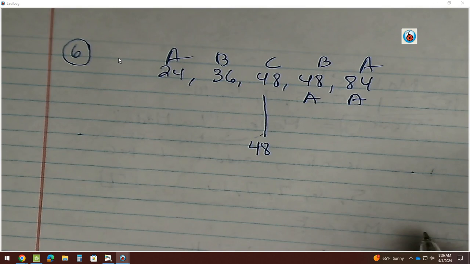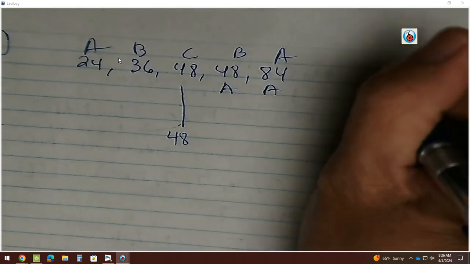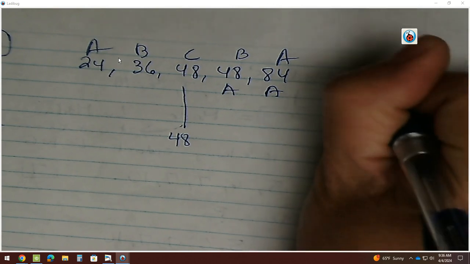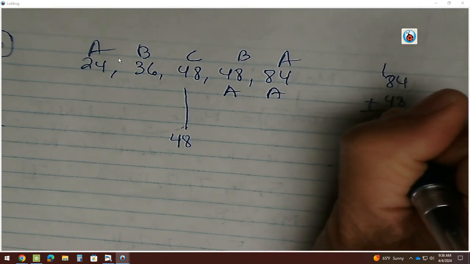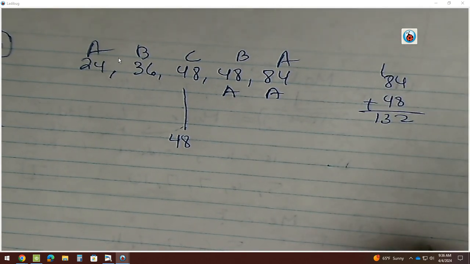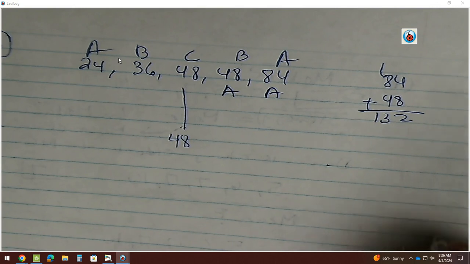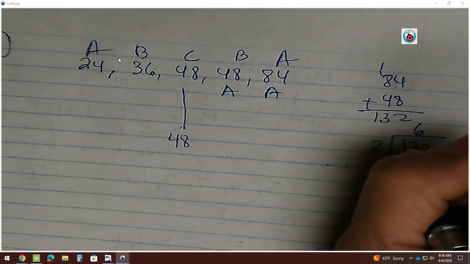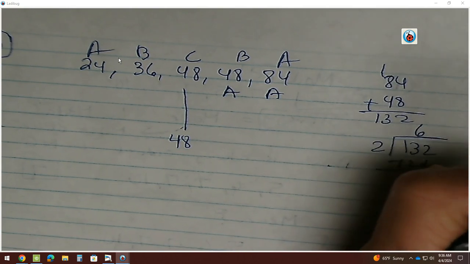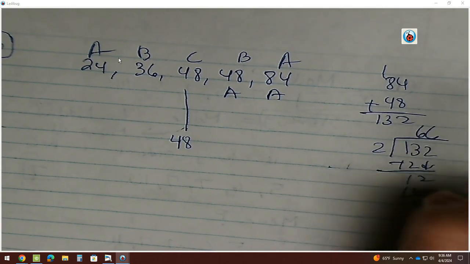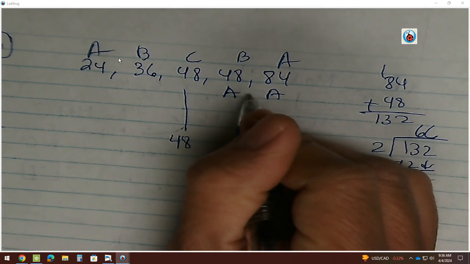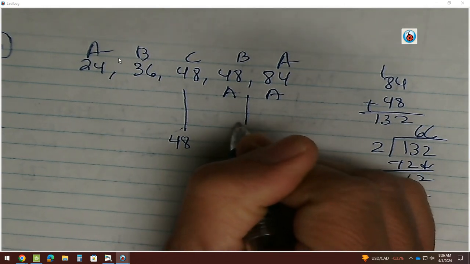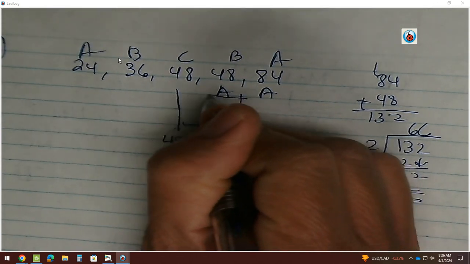There's 2 in the middle. So what do you do when there's 2 in the middle? Add them. So let's go 84 plus 48. 132. Then what do you do? Divide by 2, because there's 2 in the middle. So who's in the middle of these 2? 66. And there's your first part of the box, the upper part.